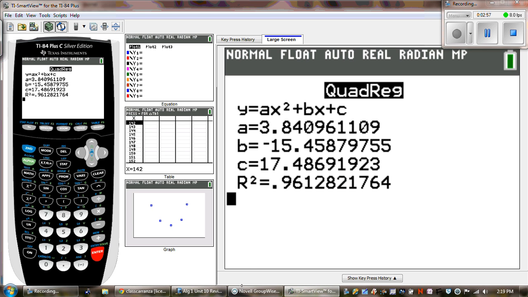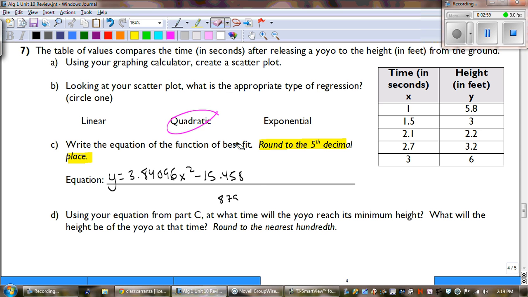The way it should have rounded, I think I might have been 1 point off, but when you round that, it should be 15.45880x plus 17.4862. Okay? So D says, using your equation from part C, at what time will the yo-yo reach its minimum height?